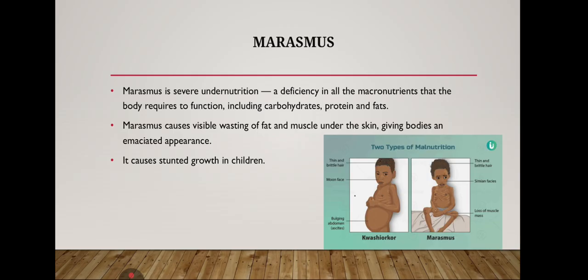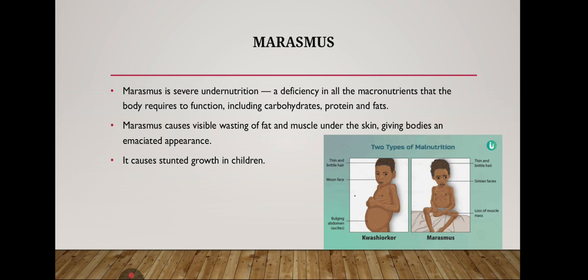Marasmus. Marasmus is an undernutrition disease. That means the person may take food, but there is a lack of nutrition. That is undernutrition. The macronutrients include carbohydrates, proteins, fats also. It causes visible wasting of fat and muscle under the skin. The body has an emaciated appearance, that is, the patient looks like the one in this picture.